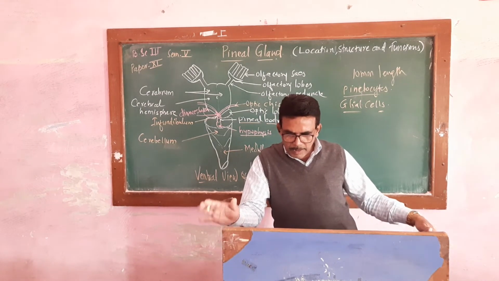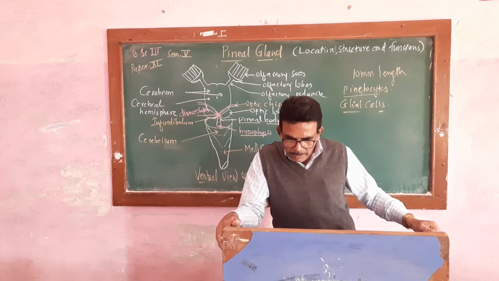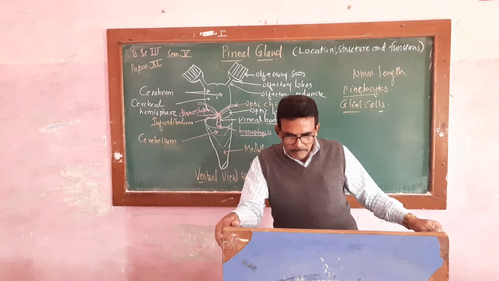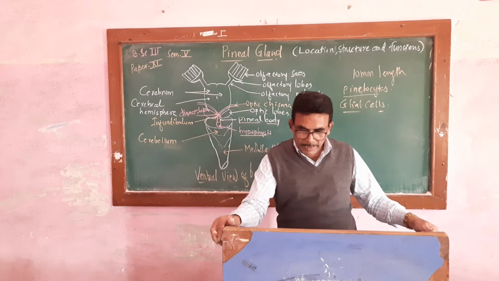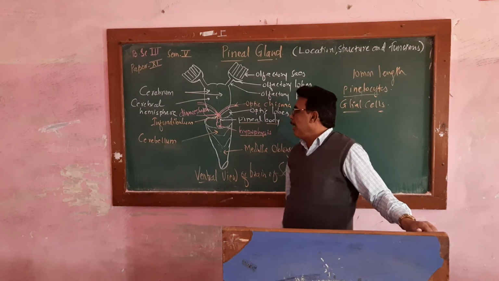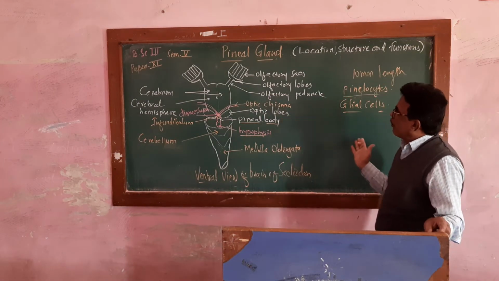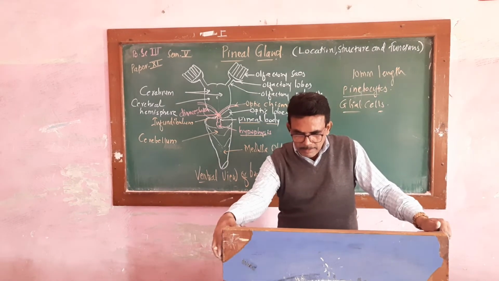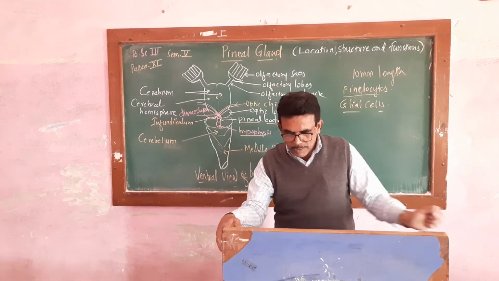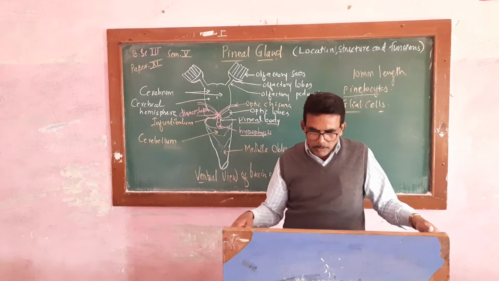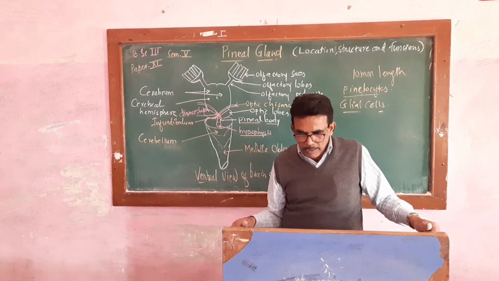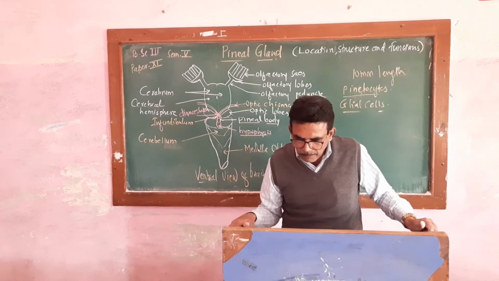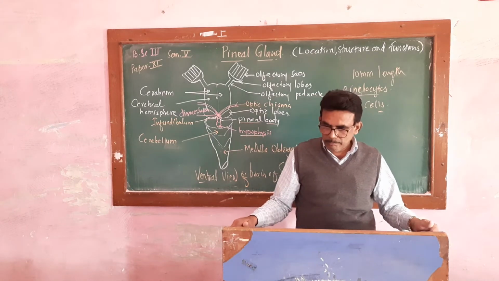It is one of the brain parts, and with the environment, it is responsible for secreting melatonin. Melatonin is a type of hormone synthesized from serotonin, and this hormone is involved in the regulation of circadian and infradian rhythms.